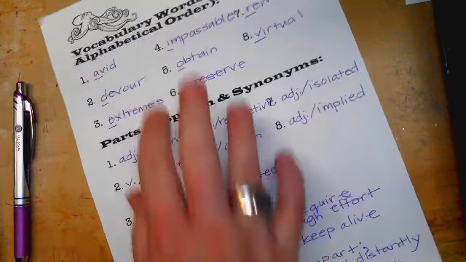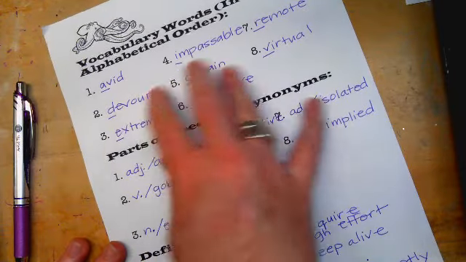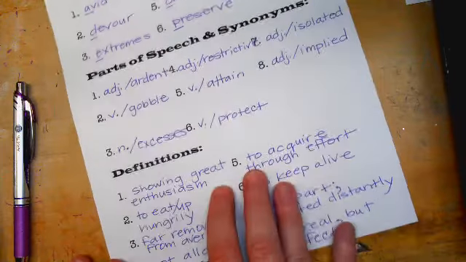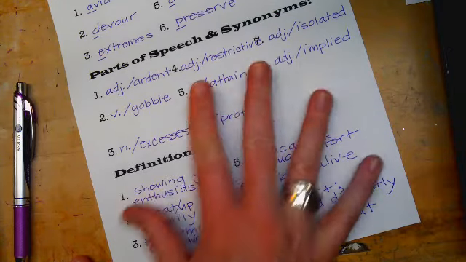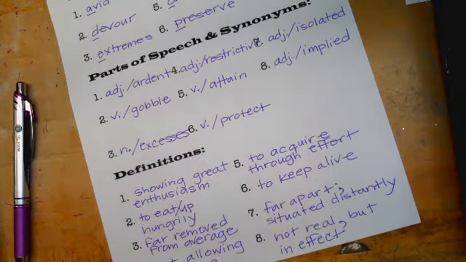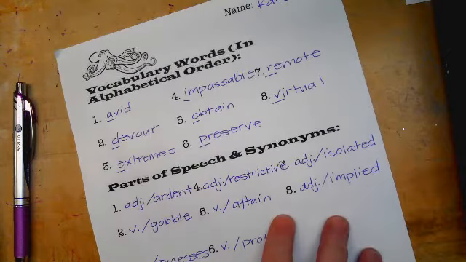So I hope this helped you. And if ever you don't have one of these pages or I forget to post the pages, you can just write this in your journal or write it on a piece of paper and turn it into me, and it will still count if it's not on the official page.